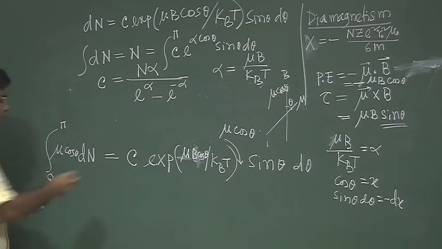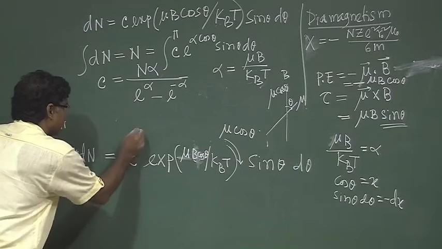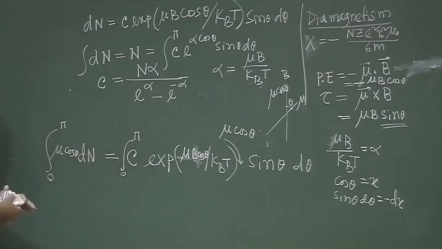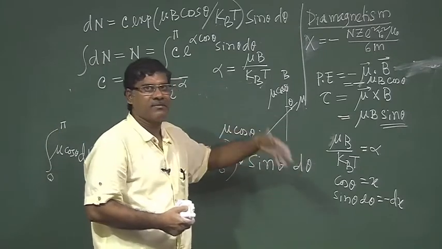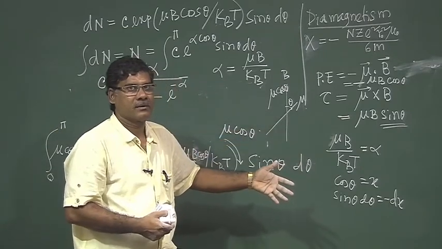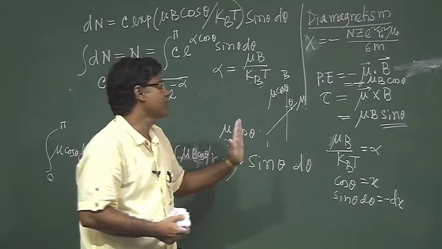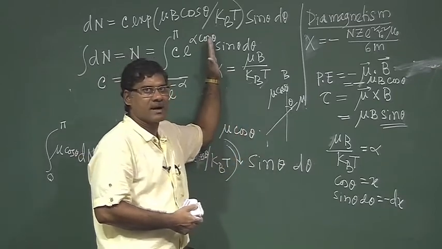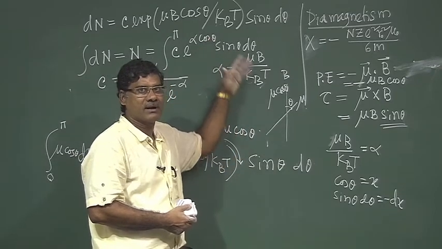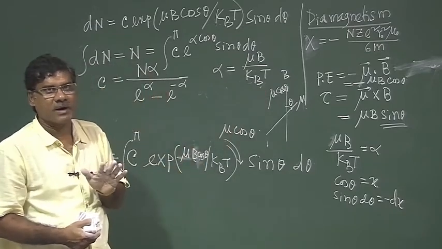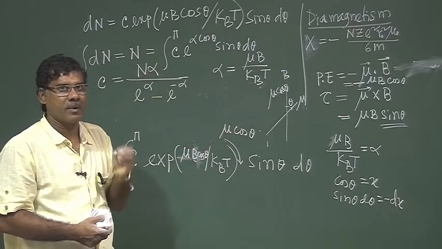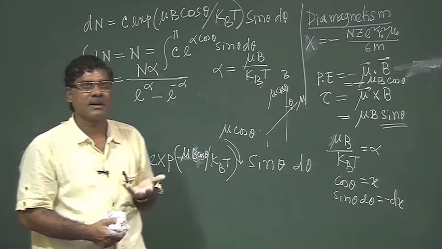Then for all dipole moments at different angles, I get the component along the magnetic field direction, for all n atoms per unit volume. That is nothing but the magnetization.